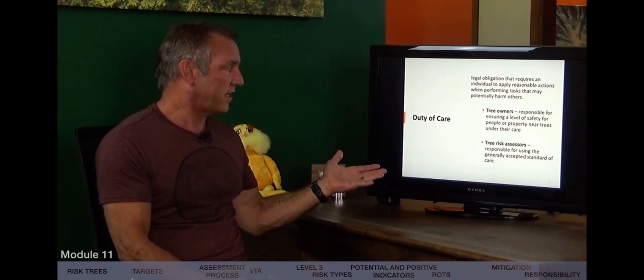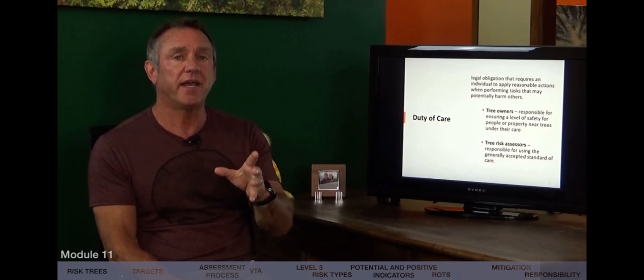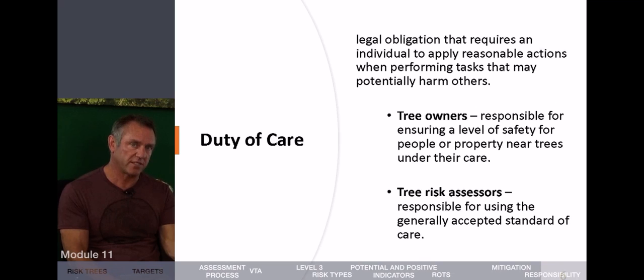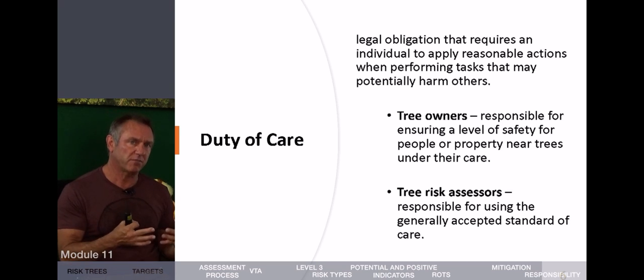For tree risk assessors, we're responsible or have a duty of care to apply relevant standards through the assessment and inspection process. So everybody has a shared duty of care in tree risk management.